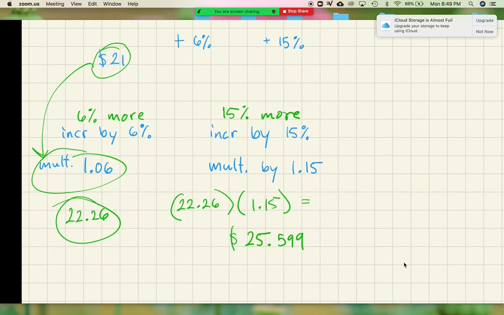For money, you only keep 2 decimal places. So if I want to round to this one, I have to look at the one next to it. And if that's 5 or more, then you have to bump this one up. So the 9, you can't really bump it up anymore. You have to make it a 10 and then carry the 1. So this becomes a 10, and then you carry the 1, so it'd be 60. And then the 0 comes down.